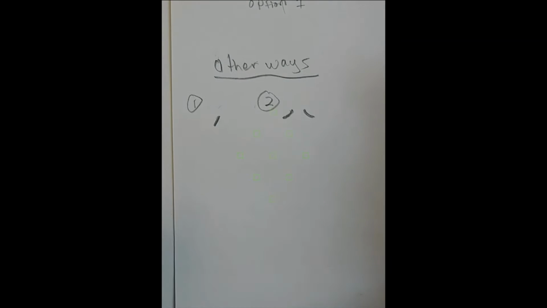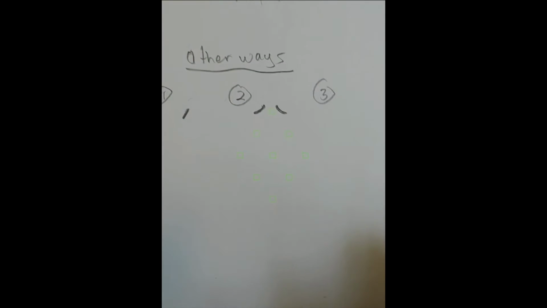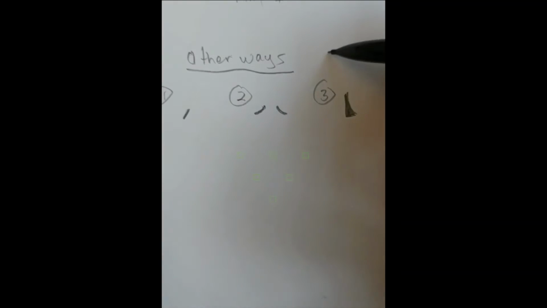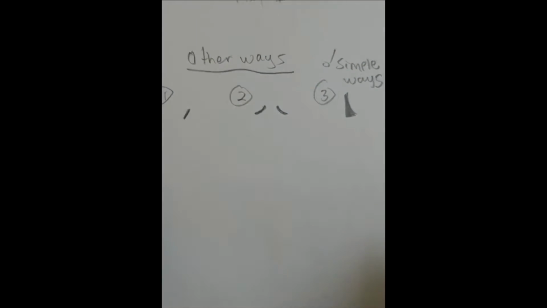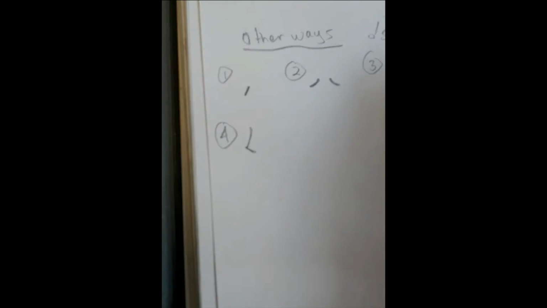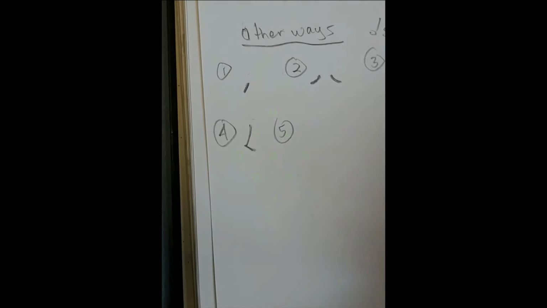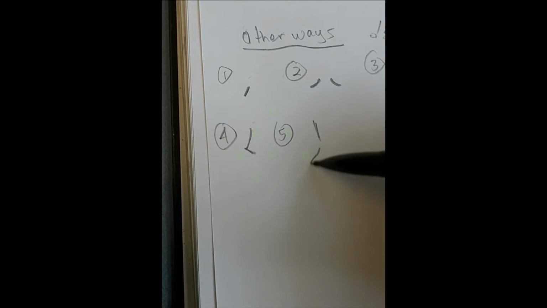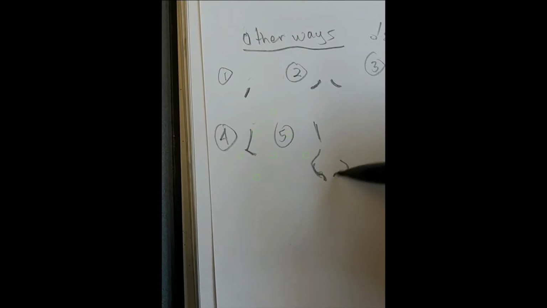So option 1 is just going to be a dash. Option 2, 2 dashes. Option 3, it's going to be more of a shade and triangle, as you can see. Option 4, it's going to be a less than sign or greater than sign, as you probably have seen before.